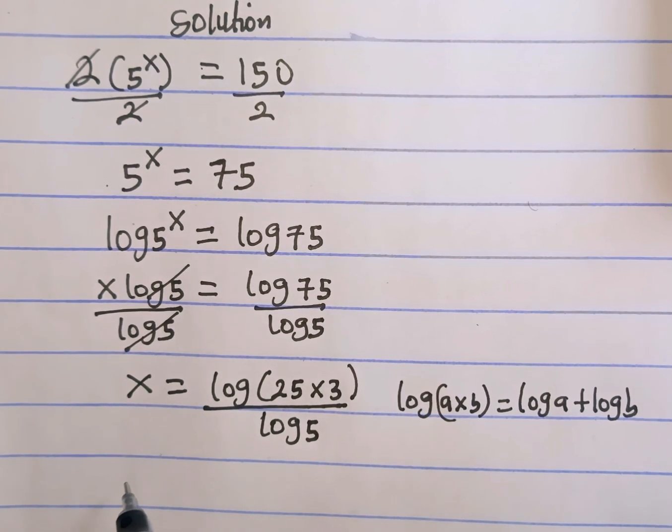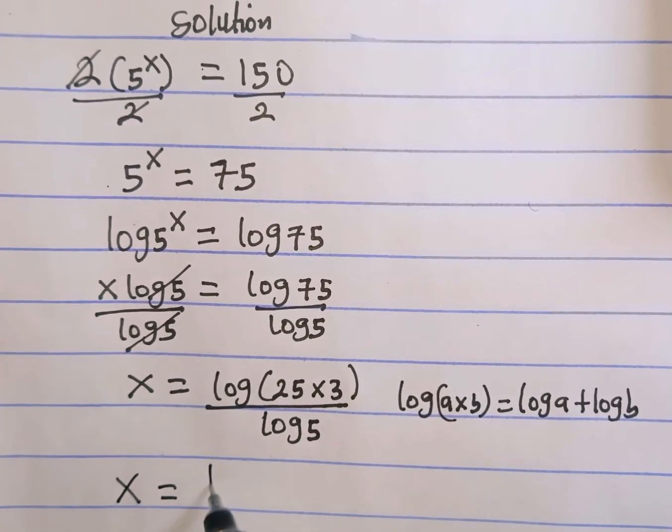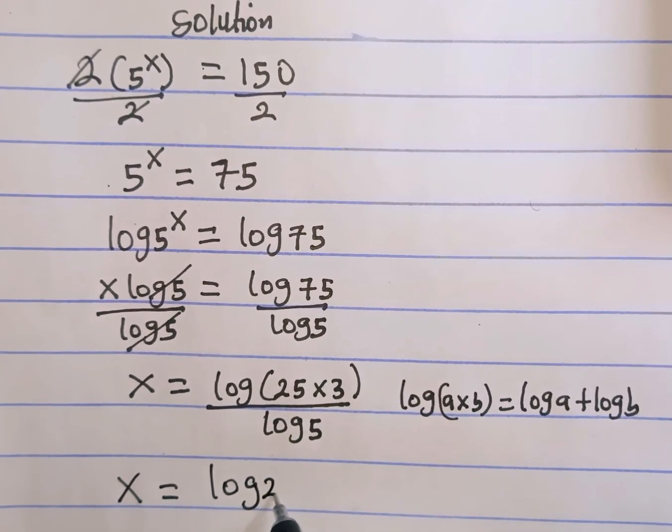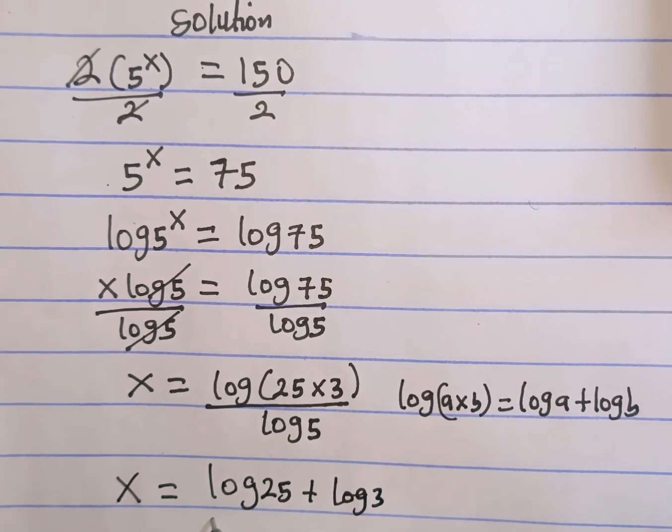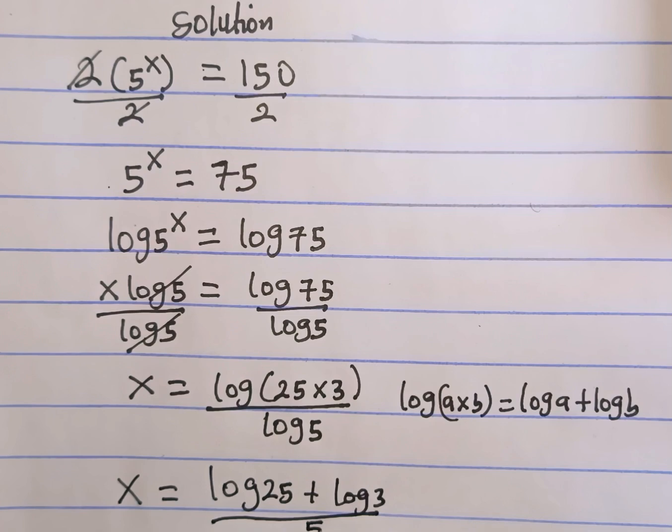So we're going to write it in this form. x now will be equal to log of 25 plus log of 3, so everything all over log 5.